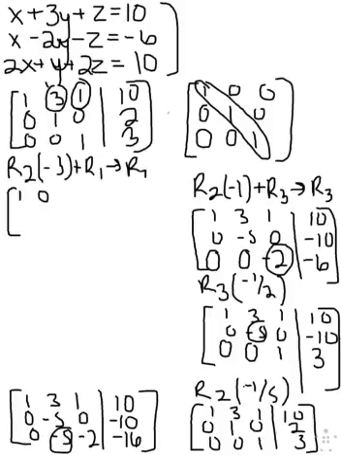And 0 times negative 3 is 0, plus 1 is 1. And 2 times negative 3 is negative 6, plus 10 is 4. So then again, we'll fill them in.